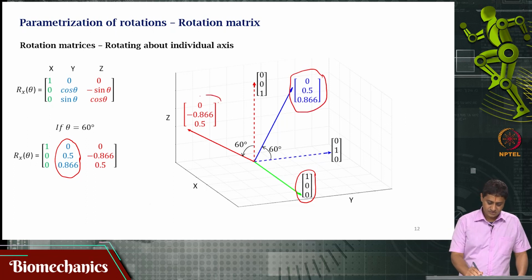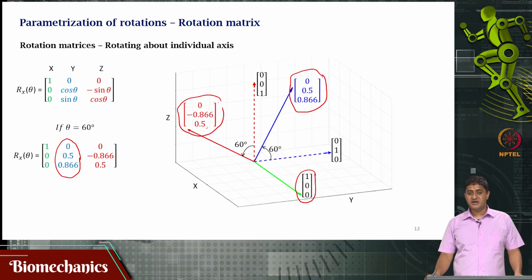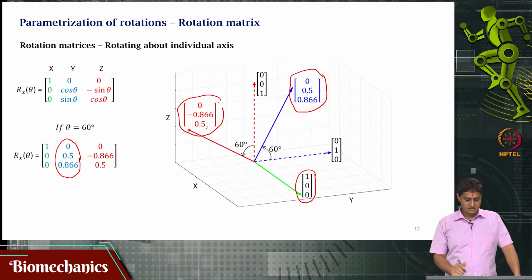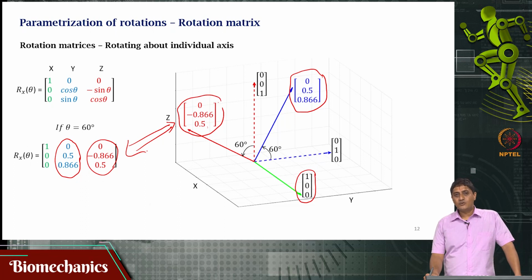And z that was earlier here along the dotted line has moved to this point whose coordinates are 0, minus 0.866 and this, right. So, these coordinates have changed.